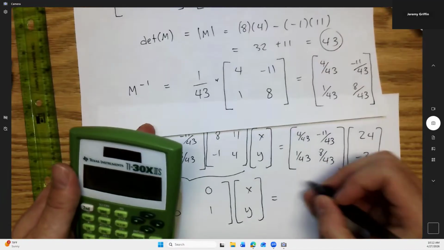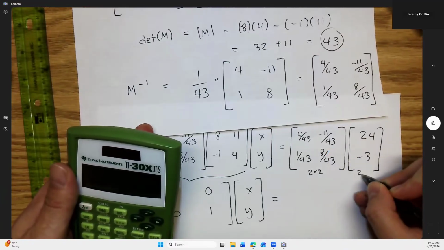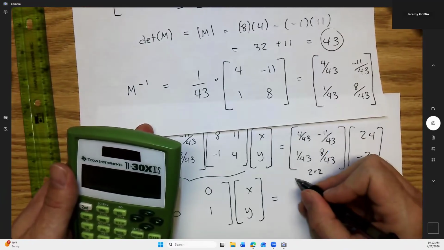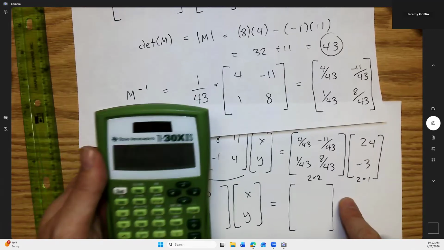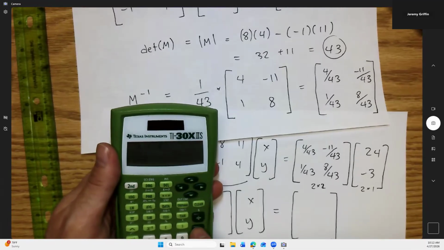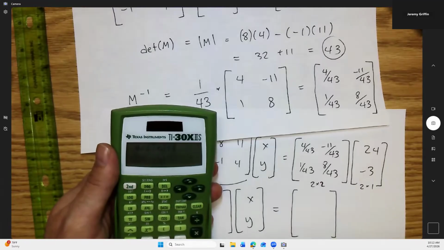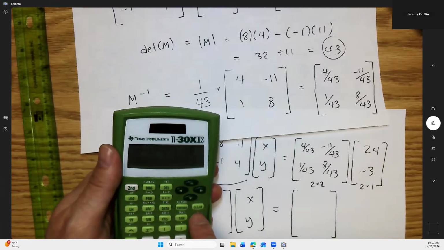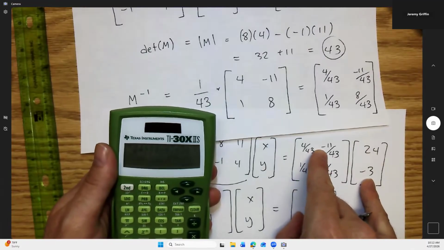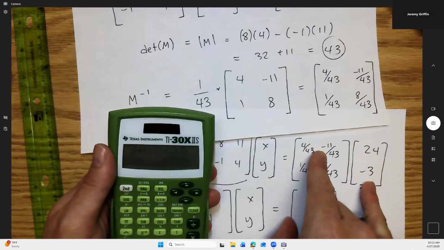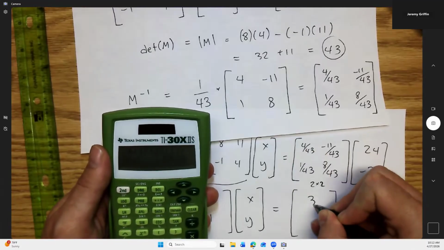Over here, I have a 2 by 2 matrix and a 2 by 1 matrix, so the product should also be a 2 by 1 matrix. Let's do 4 out of 43 times 24 plus 11 out of 43 times 3. These are both negatives, so the negatives are going to cancel. Oh, I got a whole number.